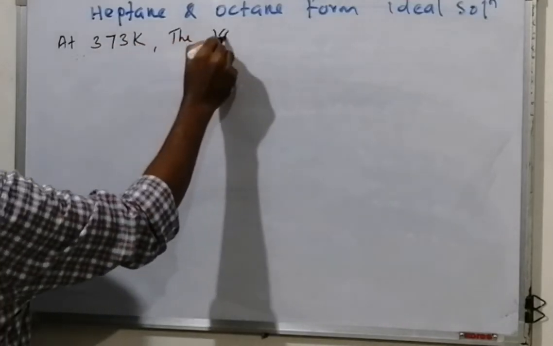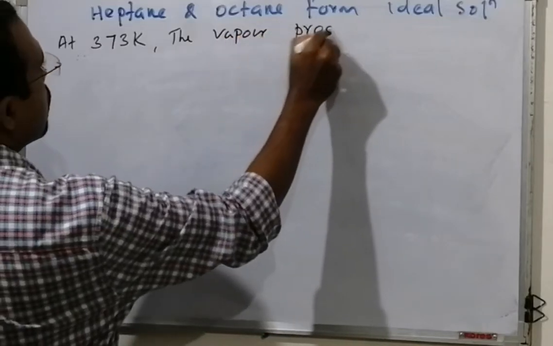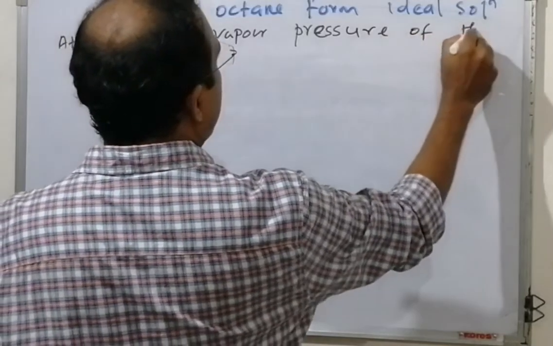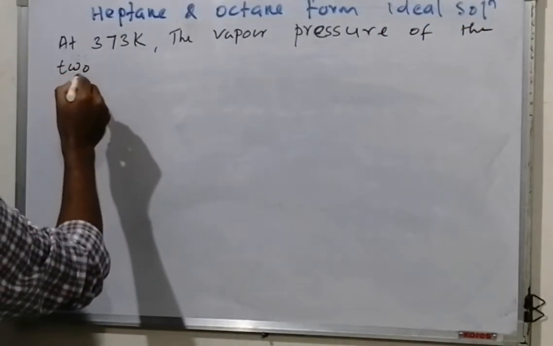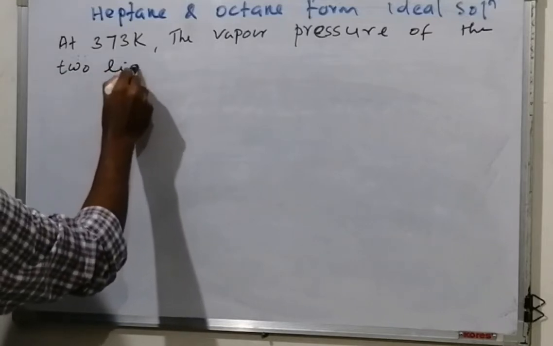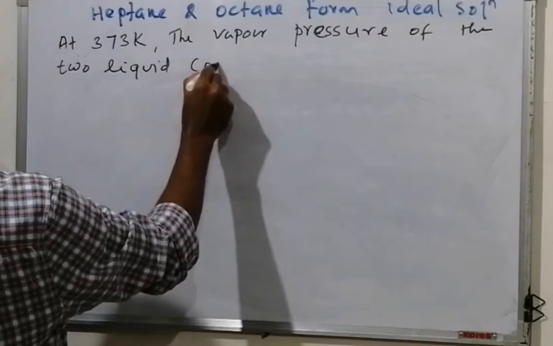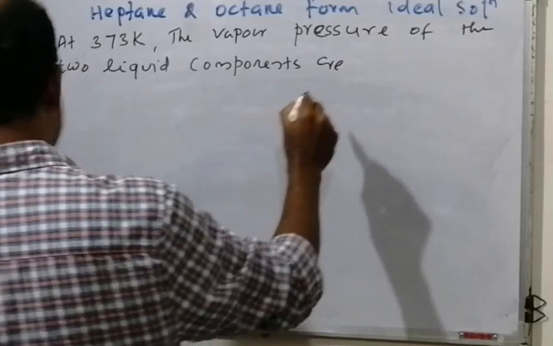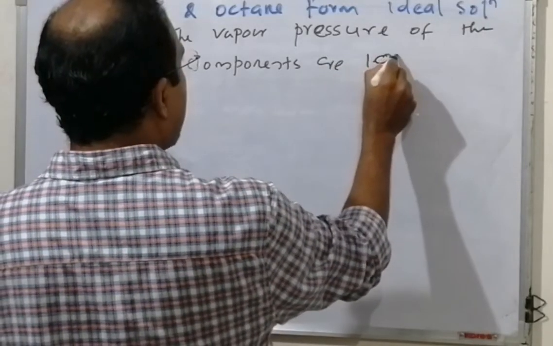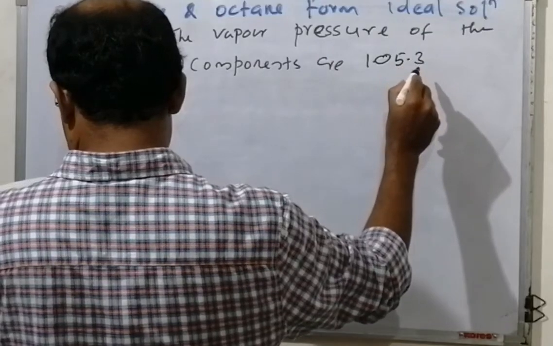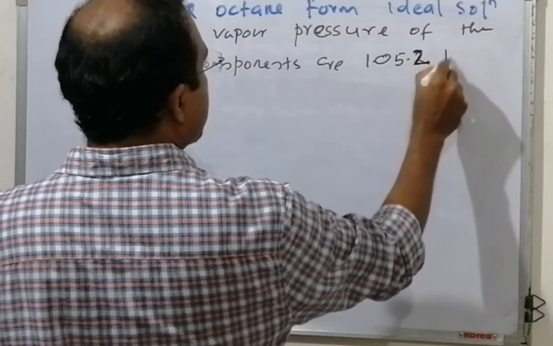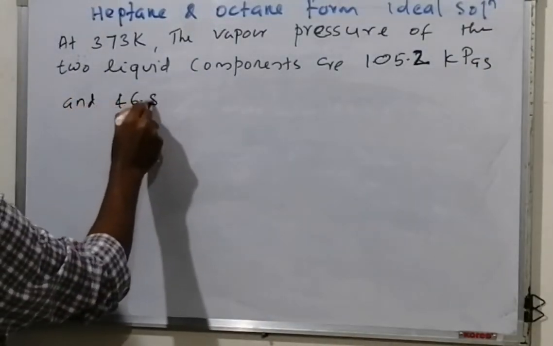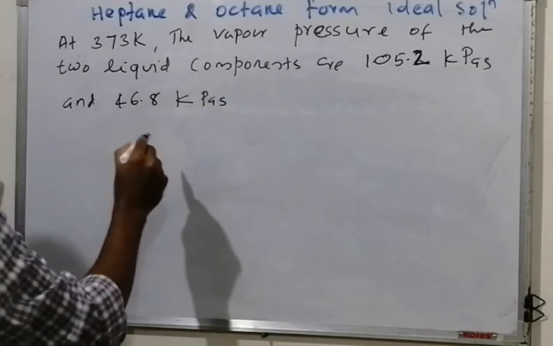The vapor pressure of the two liquid components are 105.2 kilopascal and 46.8 kilopascal respectively.